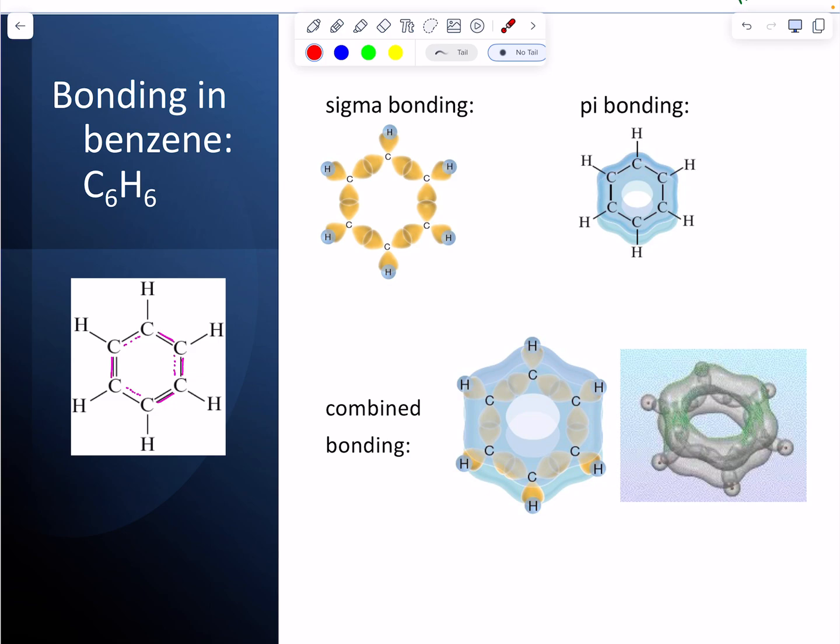So what you get when you have something like benzene, okay, when you have a ring that has alternating single and double bonds, is you have regions of electron density, so where the electrons may be at any point in time in this zone above the ring and one below the ring, okay?